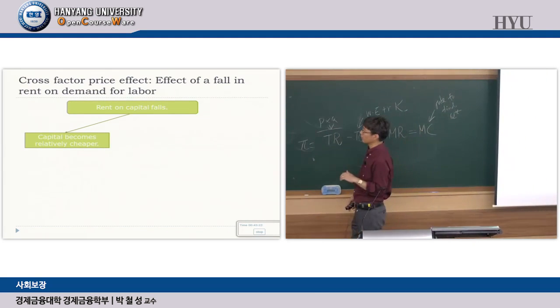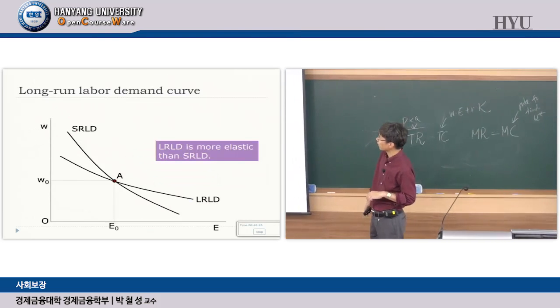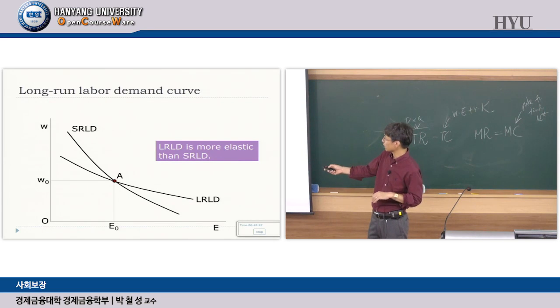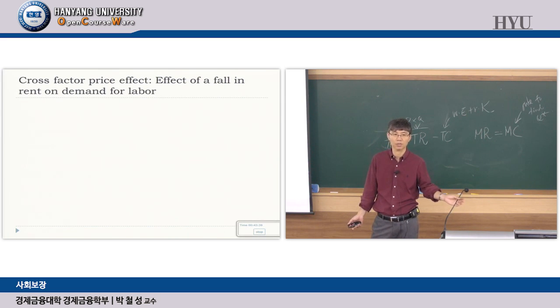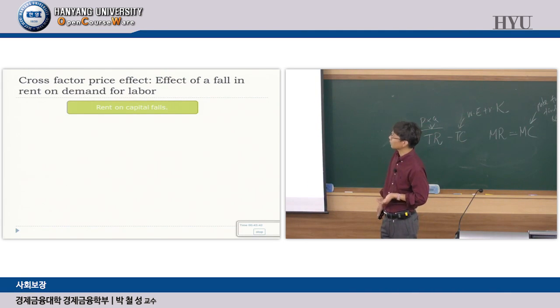One thing we have to think about: so far we thought about how employment or labor demand changes when the wage changes. But in the long run, when the capital cost changes, labor input can change as well. How?